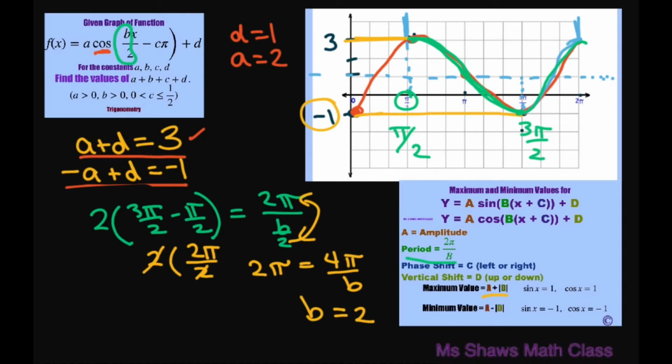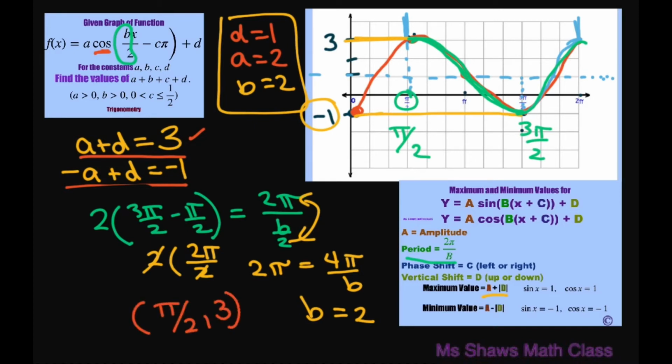All right, now we have our b equals 2. Now, to get c, we're going to note that the graph passes through the point pi divided by 2 comma 3, and we're going to substitute everything in for that.